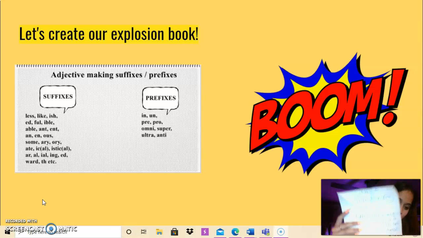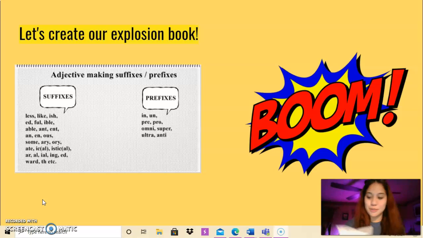Mine's still blank because it's for demonstration purposes, but we're going to make it our own because this is our own art artifact that we're creating.